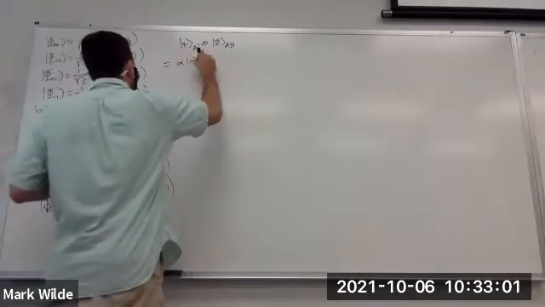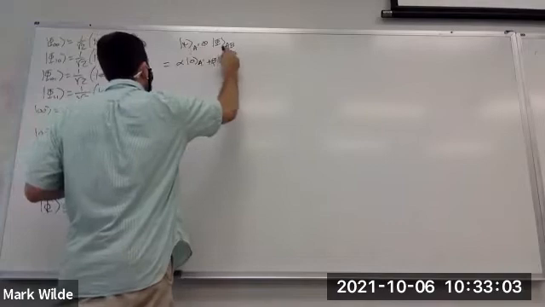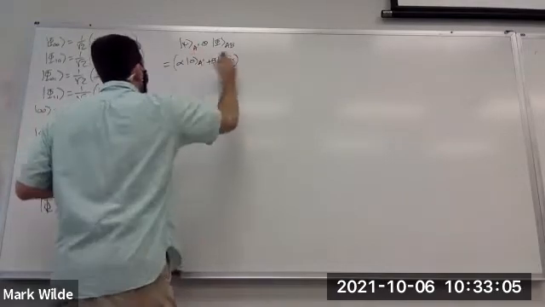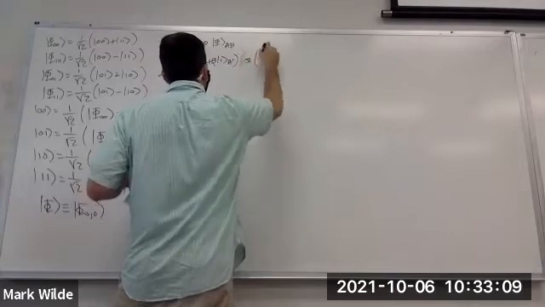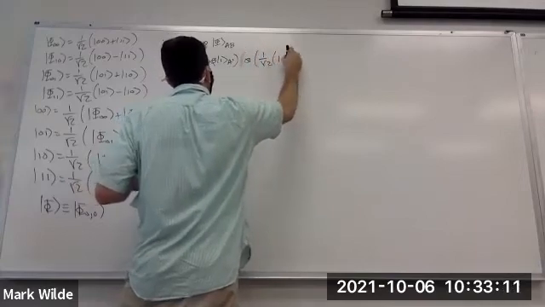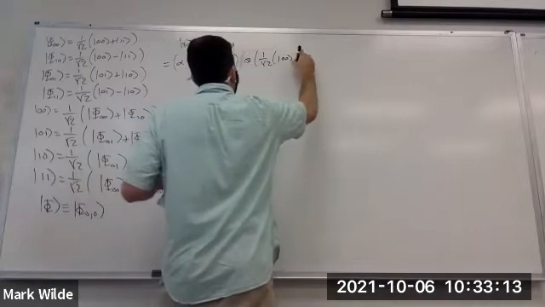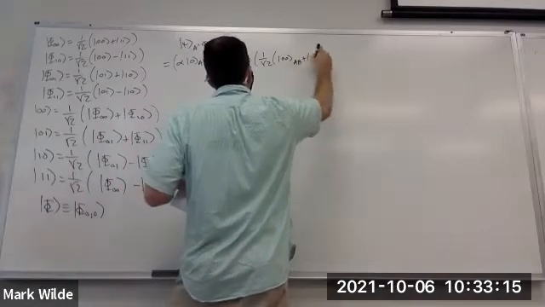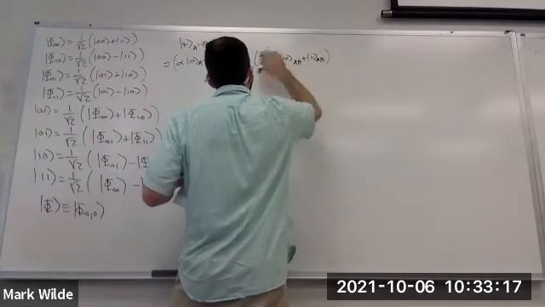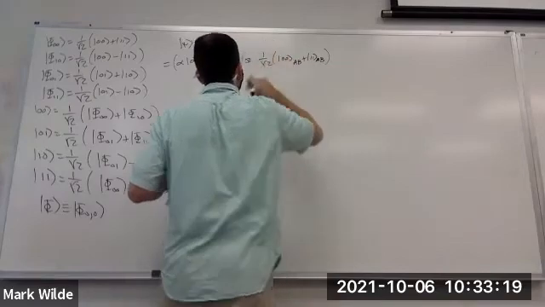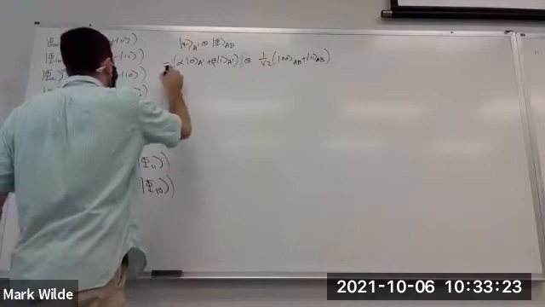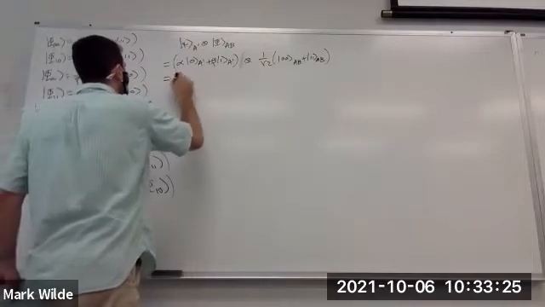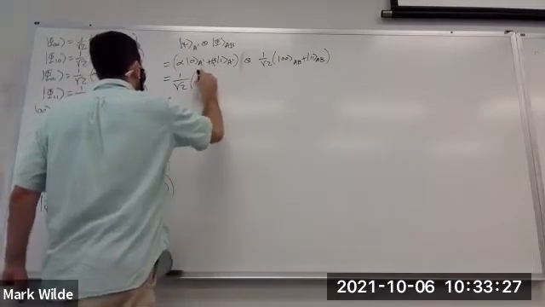Alpha 0 plus beta 1. And then this one is by definition. All right. Then tensor product, work it out. We bring the 1 over root 2 to the front.